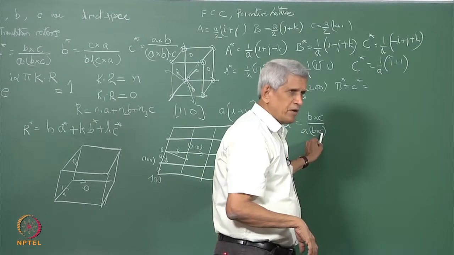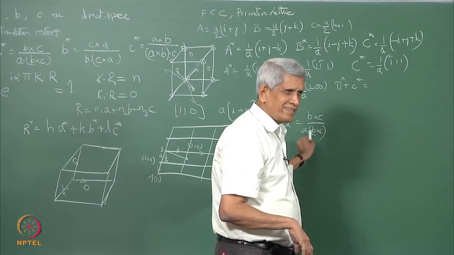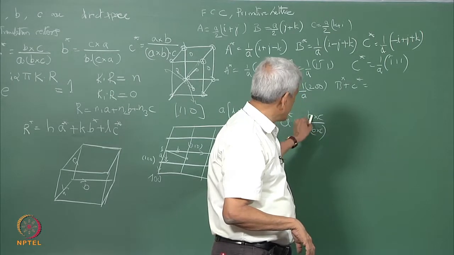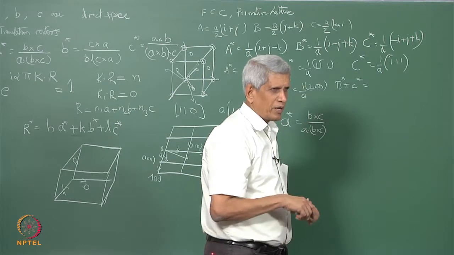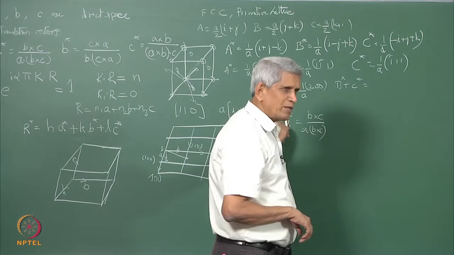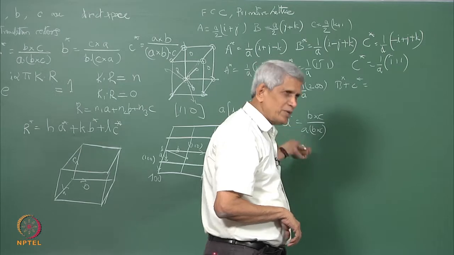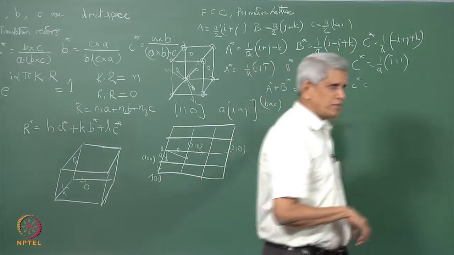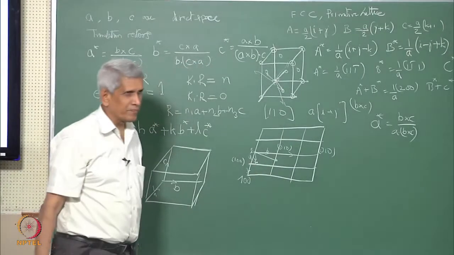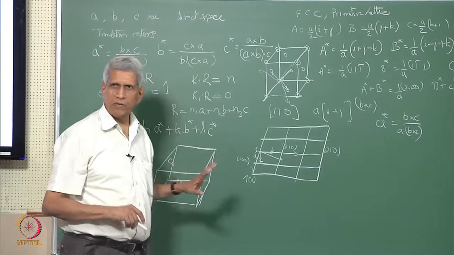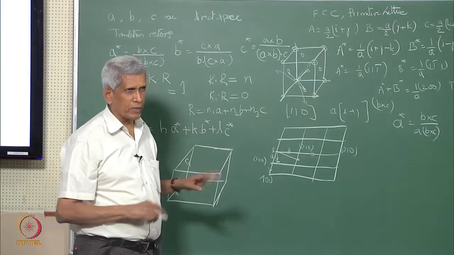A dot B cross C, what does it say? It is essentially that divided by the area of the plane, which gives the perpendicular height. The vector we are taking an inverse of, so magnitude wise, it is the inverse of the interplanar distance, correct? That is essentially what we are taking.